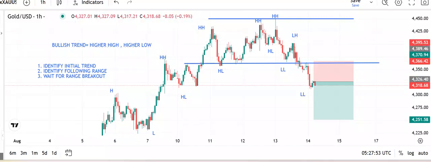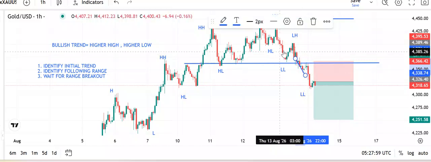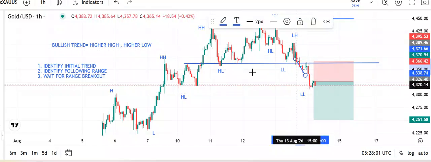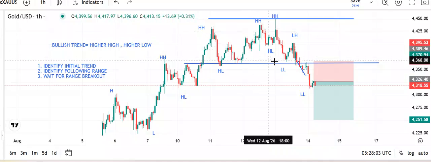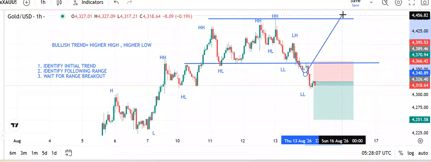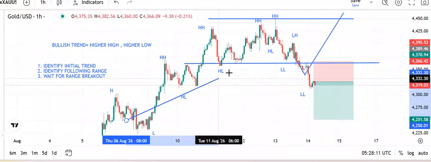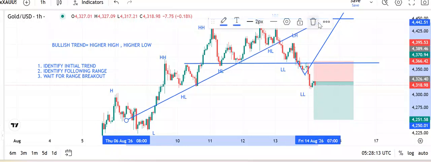But don't get it twisted. You might see a breakout expecting that a bearish trend has started, but price might surprise you and continue in the direction of the previous trend, which is the bullish trend.